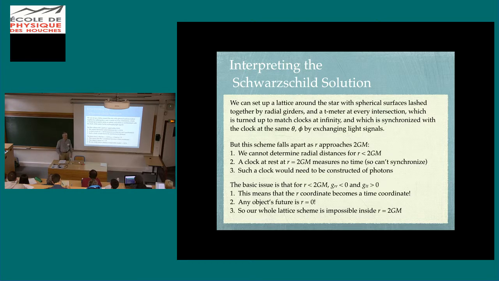You just set it to agree with whatever that clock says. Okay, that's a different way to synchronize clocks. If you do it that way, you'll get an off-diagonal term in the metric, and it's a different way of slicing up space and time to construct different hypersurfaces of constant time. And there are many, many ways to do this.